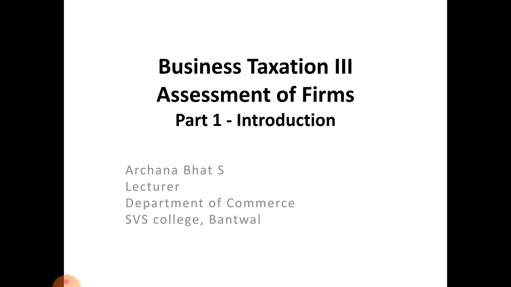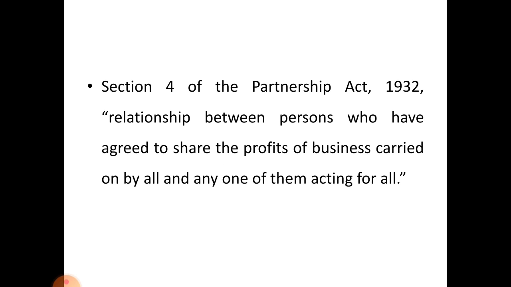In this part, let us know what is assessment of a firm and what are the key features of assessment of a firm. As you know, Section 4 of the Partnership Act of 1932 defines a partnership firm as the relationship between persons who have agreed to share the profits of a business carried on by all or any of them acting for all.